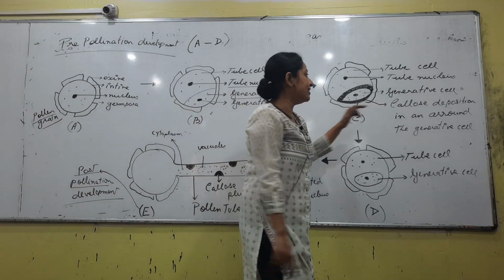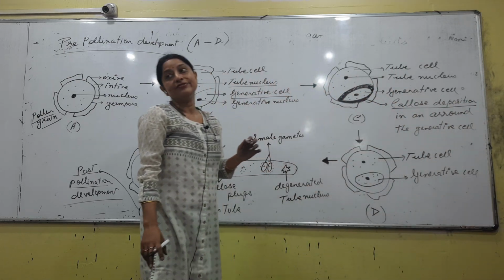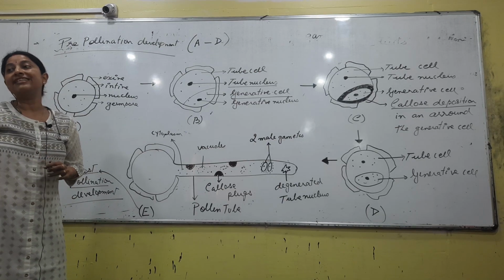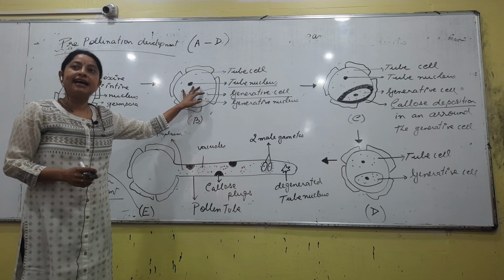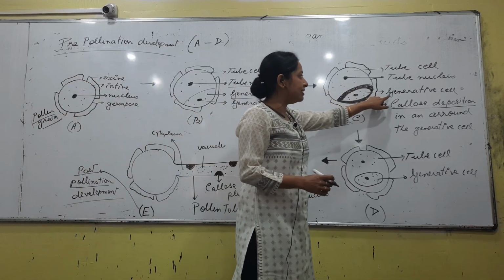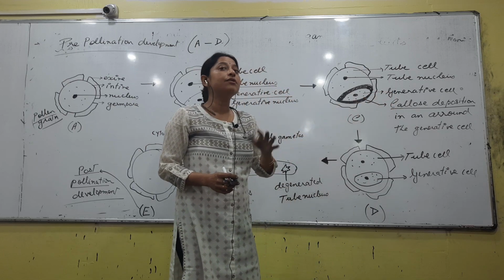Little later we see the deposition of callose in and around the generative cell, and whenever callose gets deposited in and around the cell, it breaks the connection. At this point there were 2 cells, both the cells were attached with each other, right? Next, if callose gets deposited in and around the generative cell, it will make the generative cell free from the tube cell.